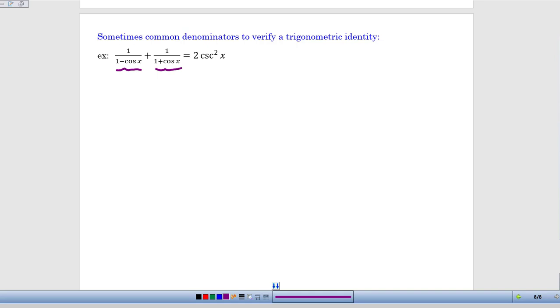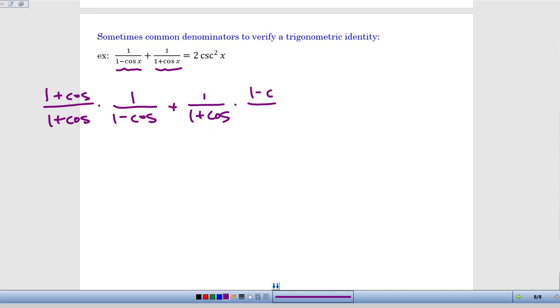And so I have no choice but to multiply the first fraction by 1 plus cosine on the top and bottom. And the second fraction has to get multiplied by 1 minus cosine on the top and bottom. So I still have the original fraction here times 1 minus cosine. Again, somehow, this is eventually going to end up equaling 2 cosecant squared.